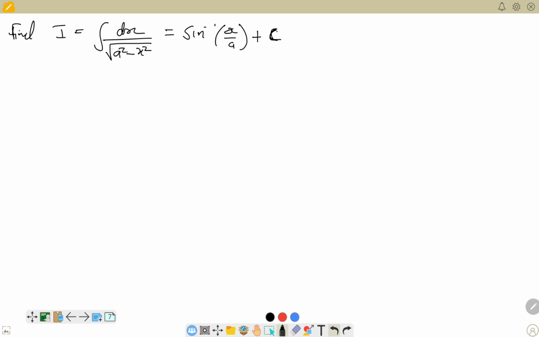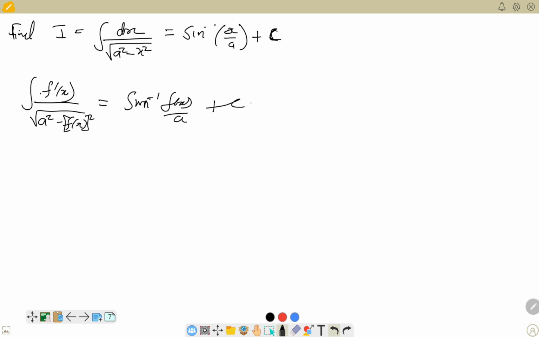You have to look at the formula that has a square minus x square. In the formula sheet, it can be written like this: the integral of dx over the square root of a square minus f of x square is equal to arc sine f of x over a plus c.